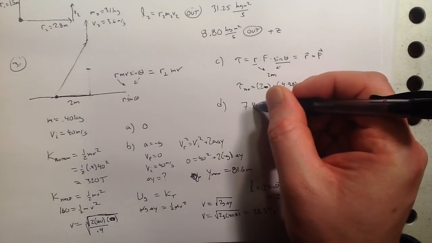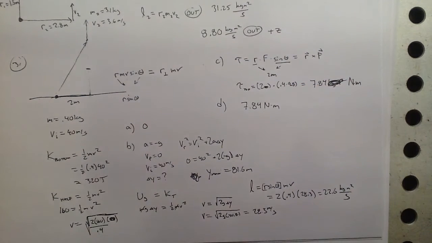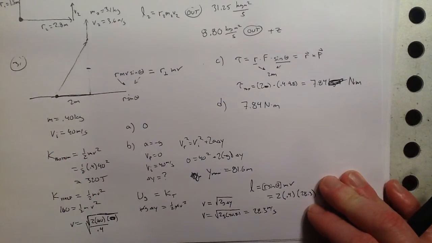It's good to understand that both torque and angular momentum have this nice property that if we're moving relative to a fixed point, the R sine theta part is constant. That sure is helpful to remember and understand. All right.